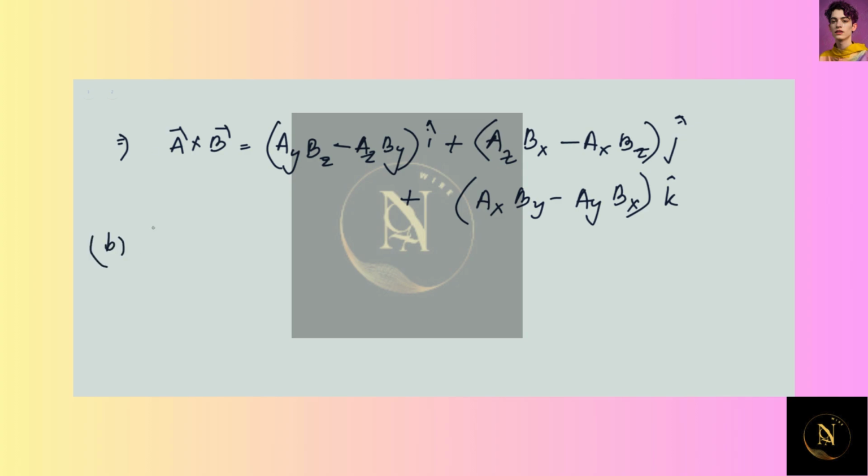Now for part B, the rules for evaluating a literal determinant of a 3 cross 3 matrix are as follows. The indexes on the matrix elements identify the row and column of the element respectively.